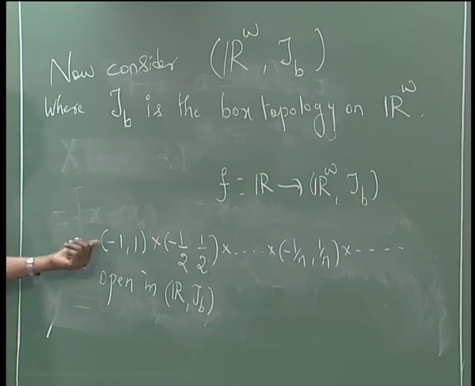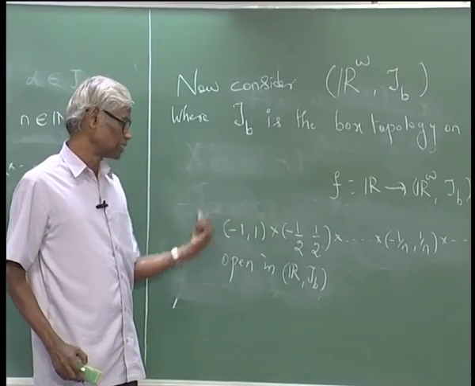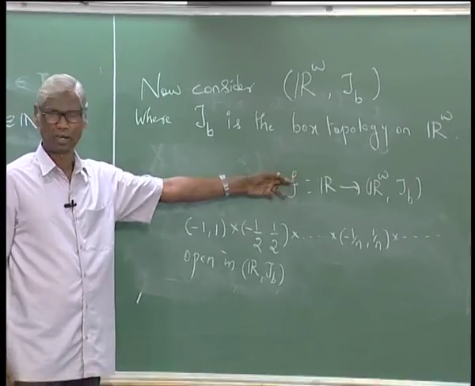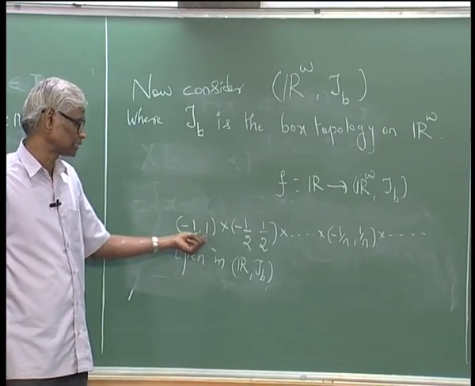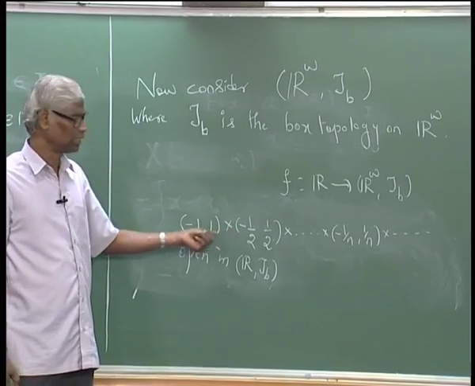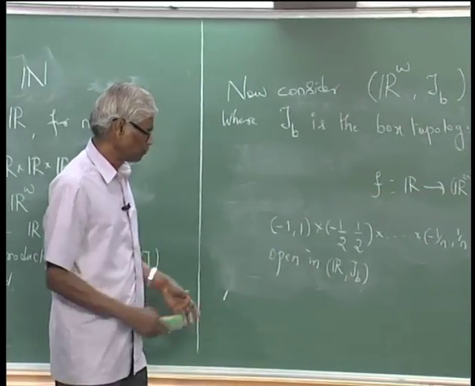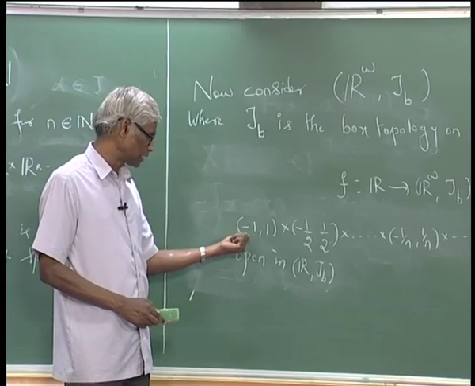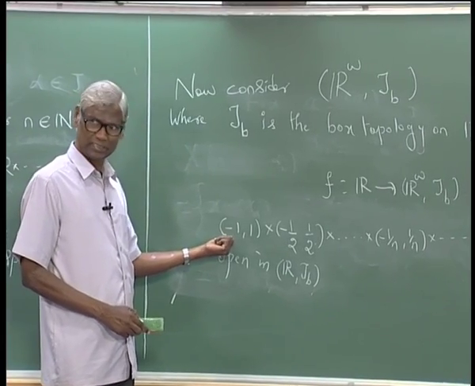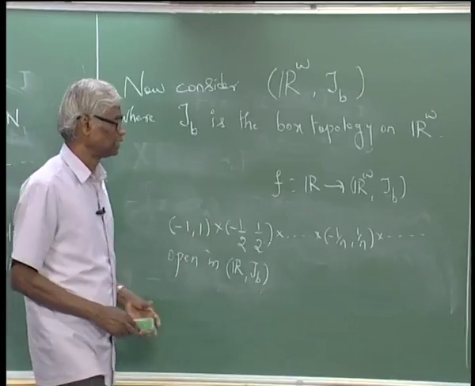In fact, the inverse image is not open in R for this function. In fact, this is not an open set in R^ω with the product topology. So, let us now consider this open set.